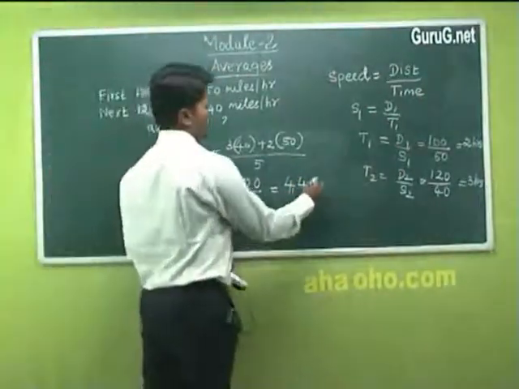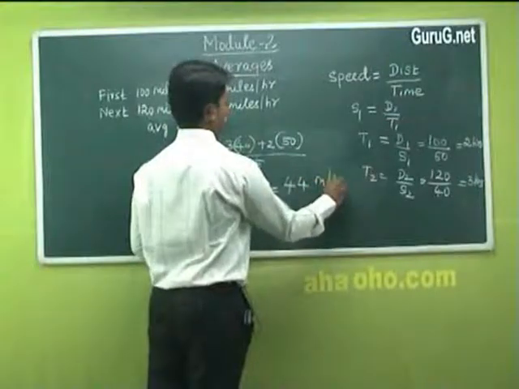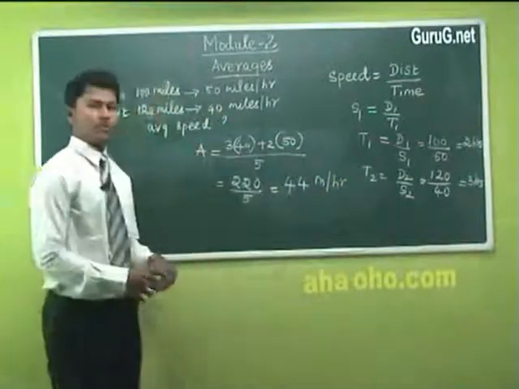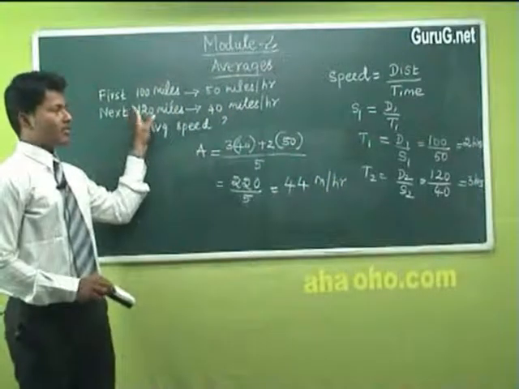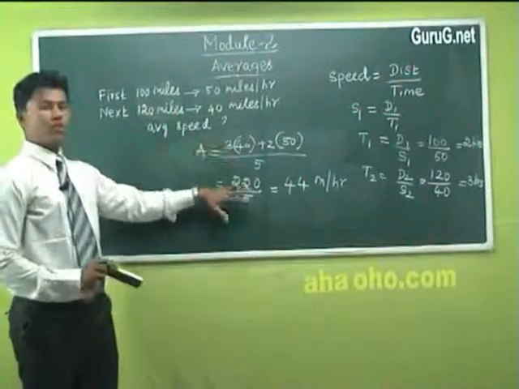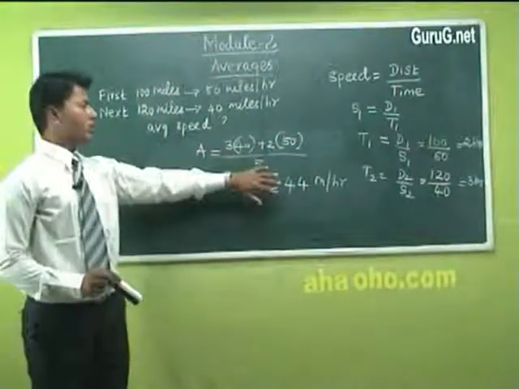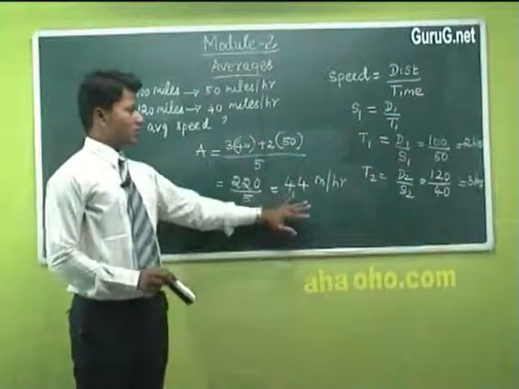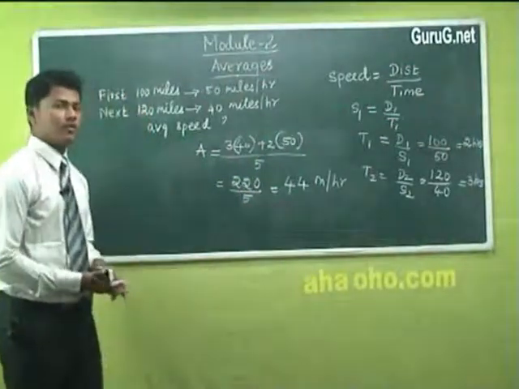So 44 miles per hour. Fine. So when distance is given, find the time and then go for the average speed, because you need to find the total number of elements. So the answer is 44 miles per hour.